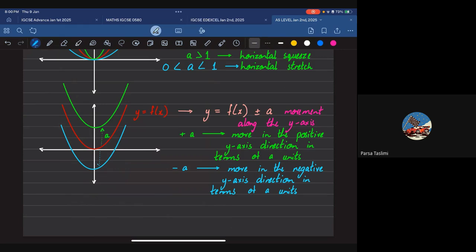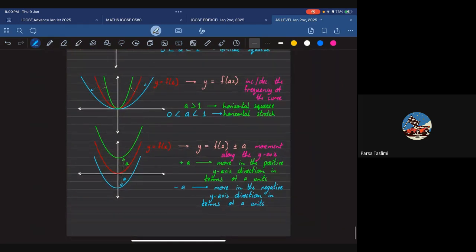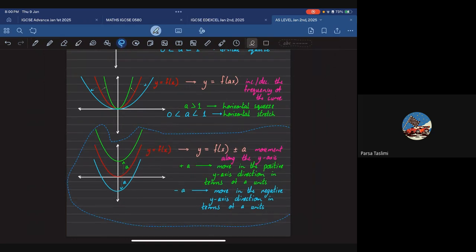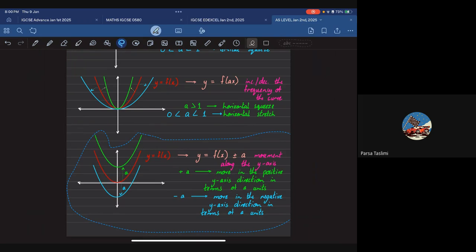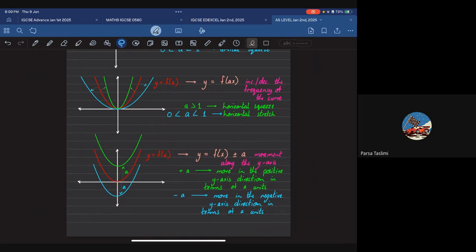That is how you showcase movement along the y-axis when you add something to the entire equation itself.